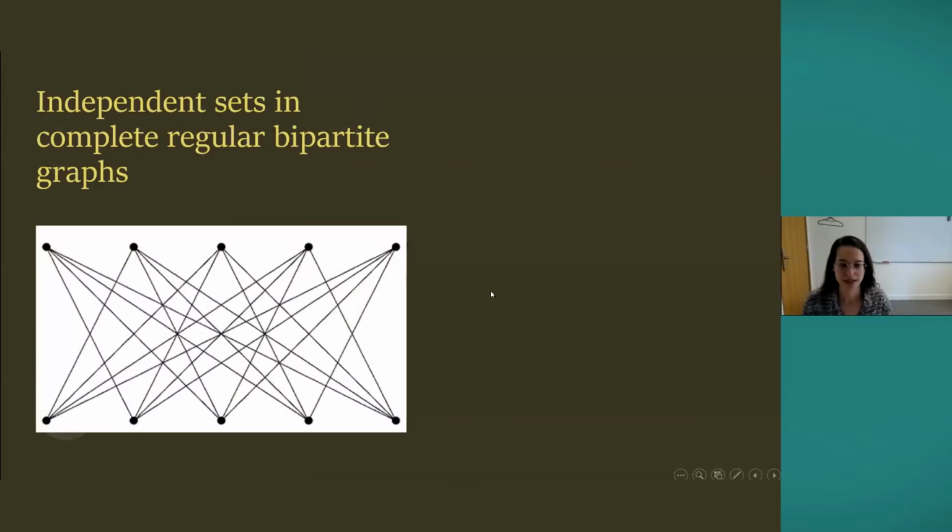So let's see what happens when instead of the hypercube, we consider the complete bipartite graph, K_{D,D}. We have two sides of size D and all the edges in between. I want to count how many independent sets there are in this graph.